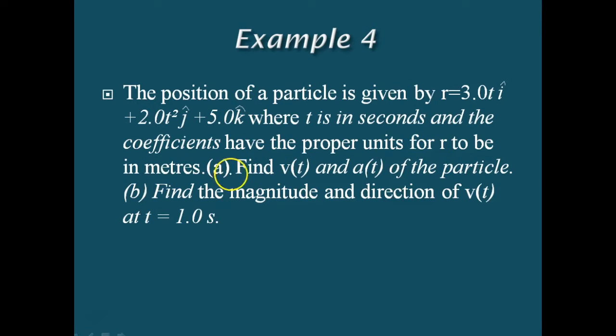In the first part we have to find v(t) and a(t) of the particle, and then find the magnitude and direction of v(t) at the time t = 1 second.